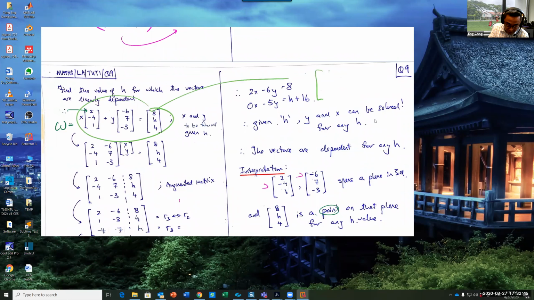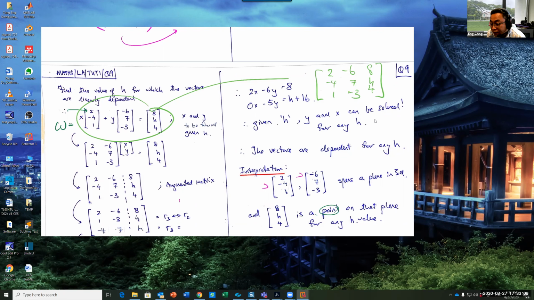Put the 3 columns together: 2, -4, 1, -6, 7, -3, 8, h, and 4, and then we solve it. Yes, basically you can say I have 3 variables, x, y, and z, and I only have 2 pivots, and therefore there's one free variable. Yes, possible.